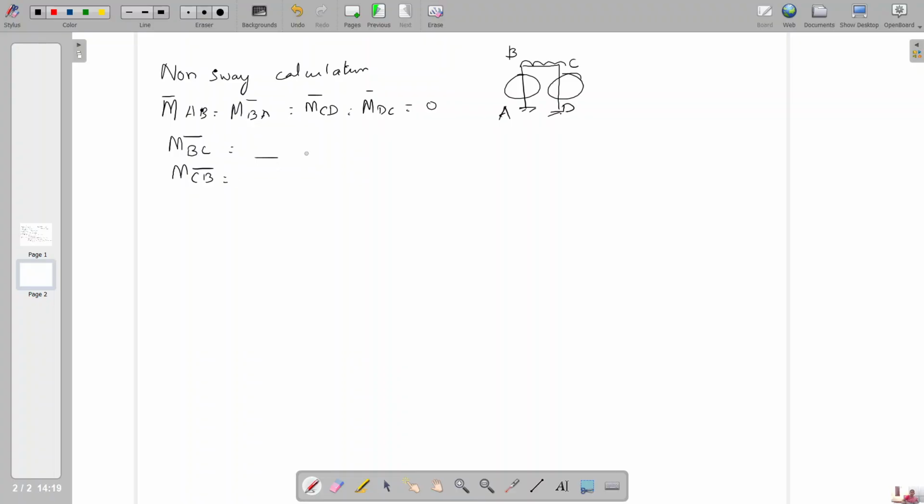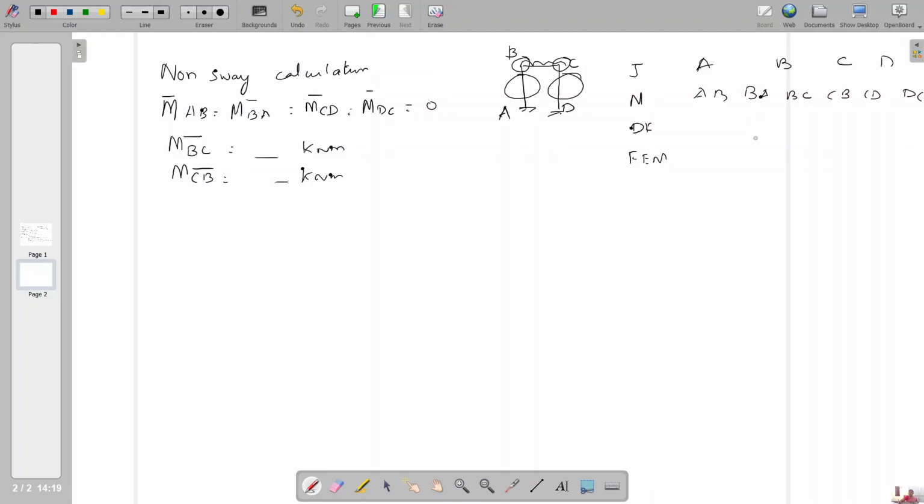You will get some value in kilonewton meter. So after calculating the distribution factors for the joint B and joint C, we can make the table: joint, member, distribution factor and the fixed end moment. For that, A, B, C, D, and you will have the members BA, BC, CB, CD and DC.